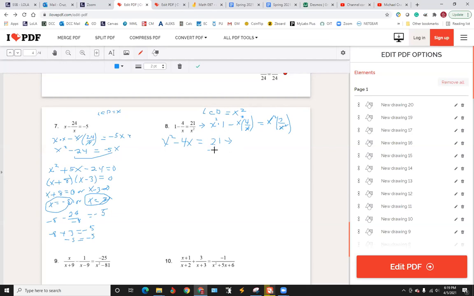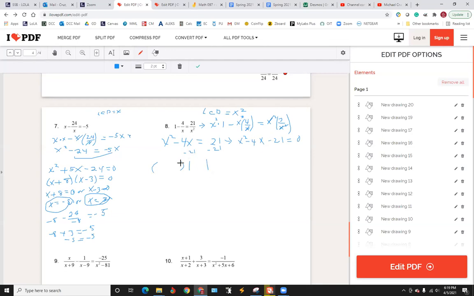So when I subtract 21, I get x squared minus 4x minus 21. And then this one gets factored.